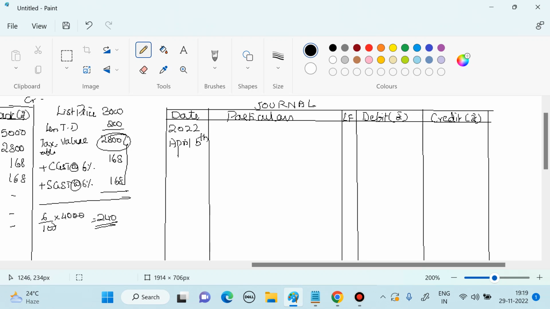Only the sale entry. I'm not asking about GST. Without GST. When you sell goods to Mohan, what is the normal journal entry that we would pass? Yeah, sold goods to Mohan.